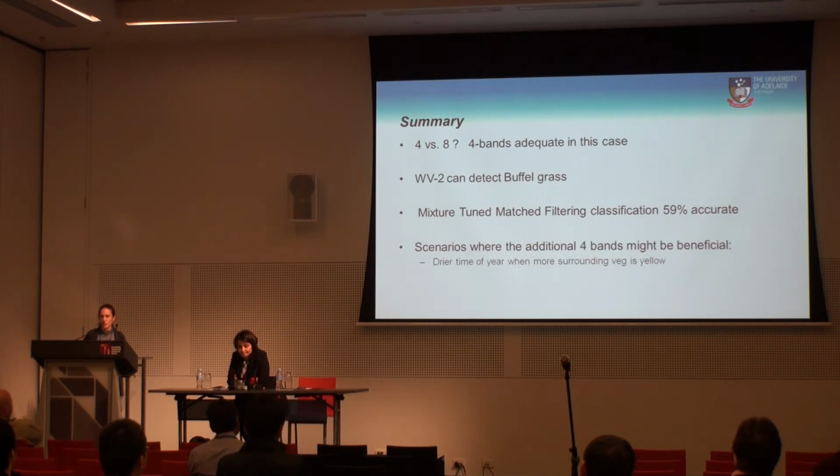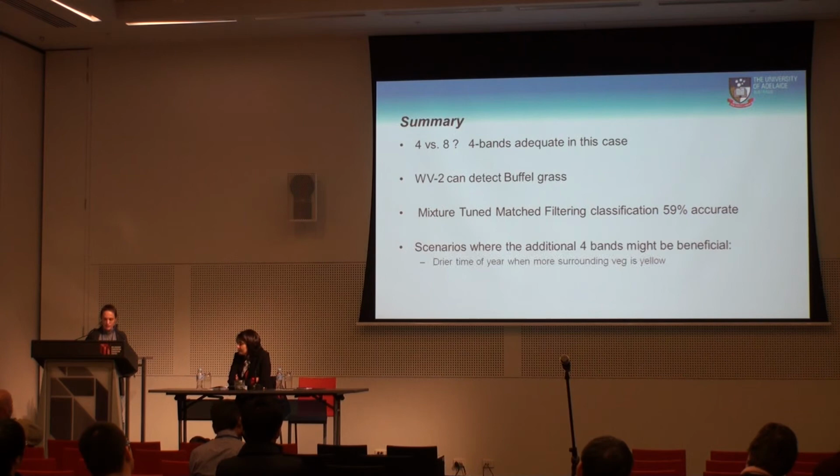The mixture tuned matched filtering classification approach was 59% accurate. In our example, we are classifying buffel grass in a very green environment, arid, subtropical, and I suspect that in other scenarios those additional 4 bands would be more beneficial.